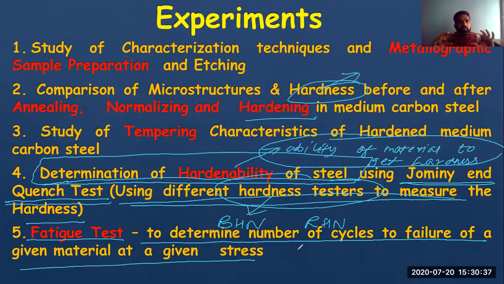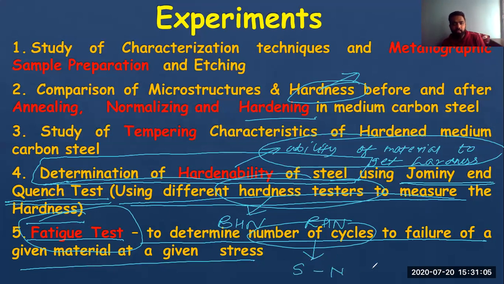If it fails due to repeated cycles under stress, then this type of test is called a fatigue test. You try to find after how many rotations the shaft fails, and you find that number of cycles. After finding this number of cycles, what was the last outcome? We try to draw the SN curve. You will know about the SN curve later when we cover this topic. Then we'll get to the next point.